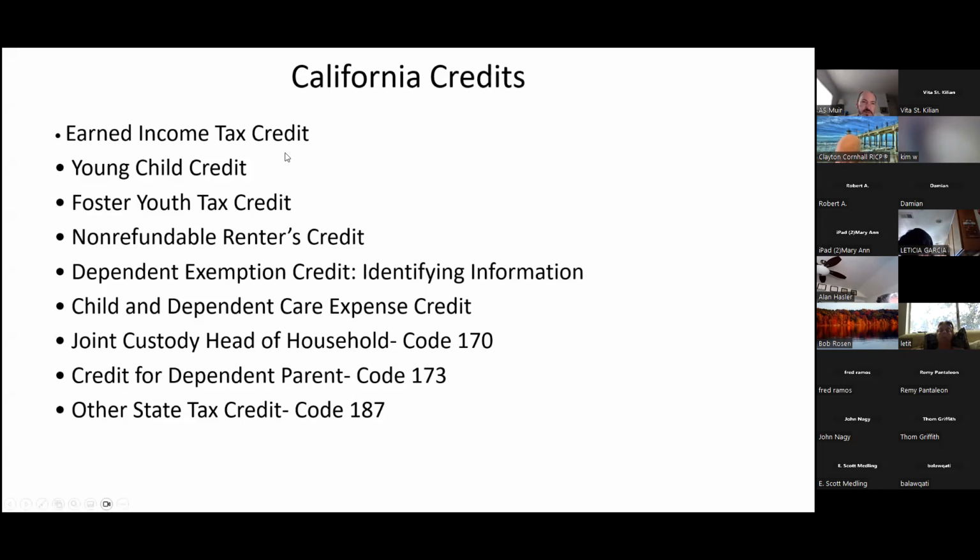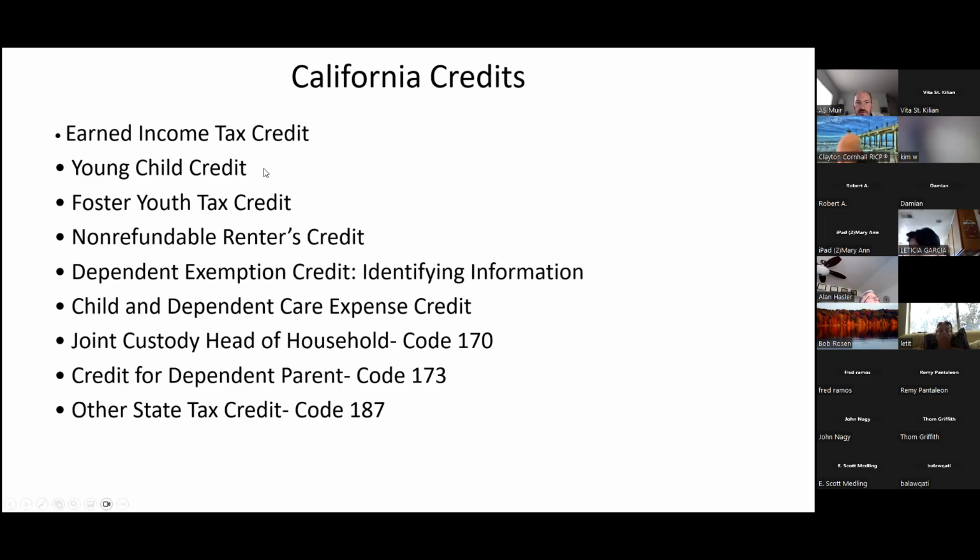You're going to see the word earned. So when you're talking about earned income, again, W-2, self-employment, it doesn't account for unearned income. Unearned income, typically called portfolio income, would be interest income or dividend income that you receive, or capital gains.